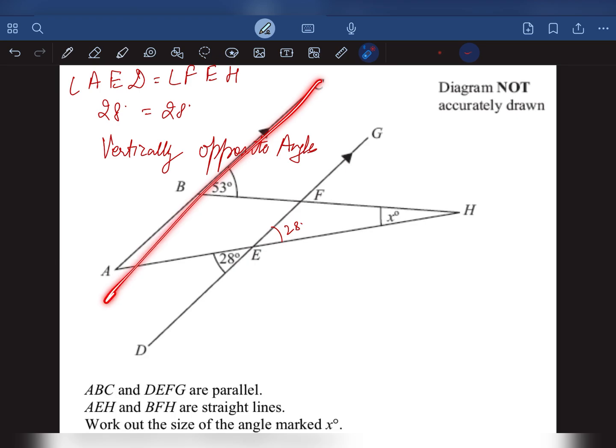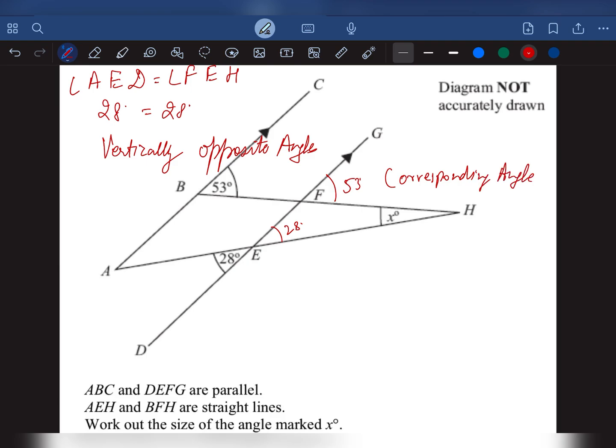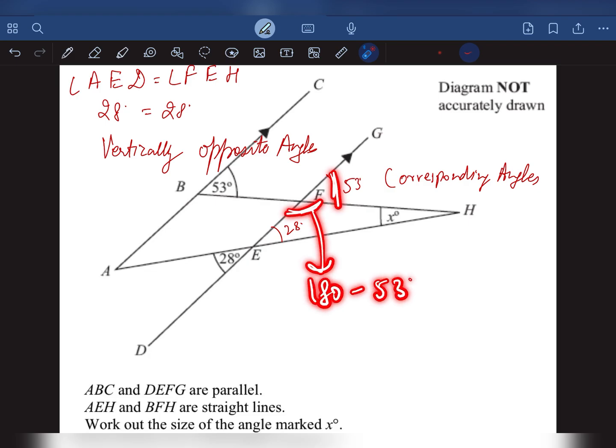Now this side and this side are parallel, so this angle is equal to this angle. We can say that this is 53 degrees. Why? Because they are corresponding angles, and we know that corresponding angles are equal. So as this is 53 degrees, this angle is 180 minus 53 because this is a straight angle.